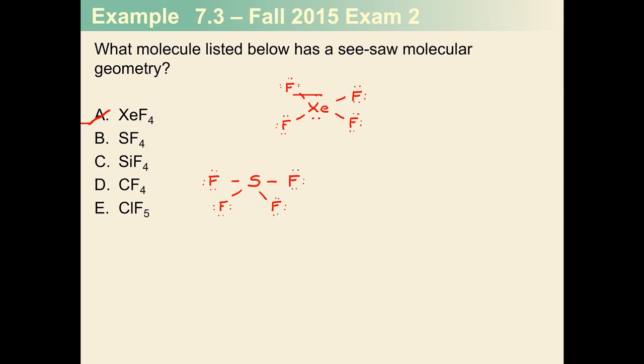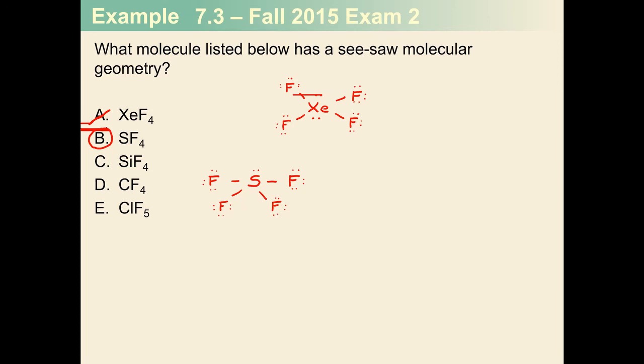And finally, when we get to sulfur, notice that we have one pair of valence electrons that are lone pairs on the sulfur. So now this is going to be the AB4E group, which is the seesaw molecular geometry, and this would have that specific molecular geometry. So right now, answer B is a very good possible answer.